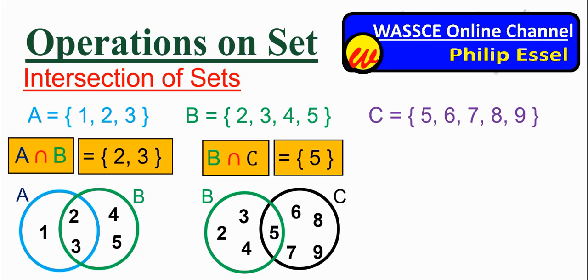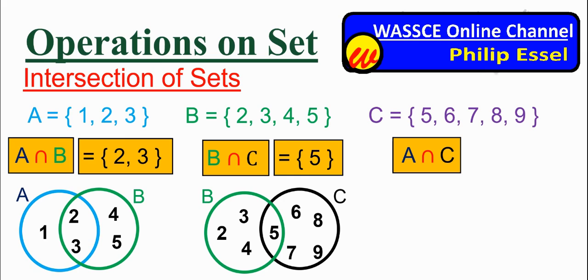Let's look at the last example under intersection. Let's look for A intersection C. So, as usual, we will go to the set A and the set C, and we will look for elements or members that can be found in both of them at the same time. Is there anything like that? When you go to set A, the elements are 1, 2 and 3.